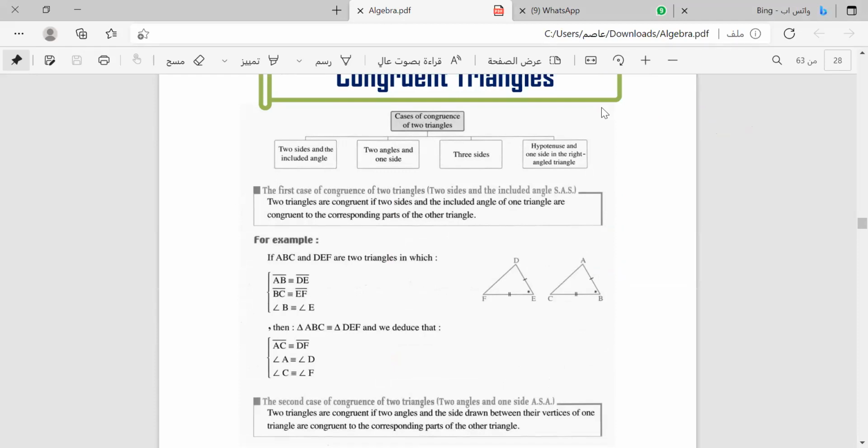The first case: two triangles are congruent if two sides and the included angle of one triangle are congruent to the corresponding parts of the other triangle.